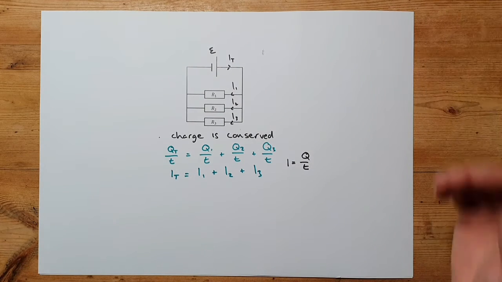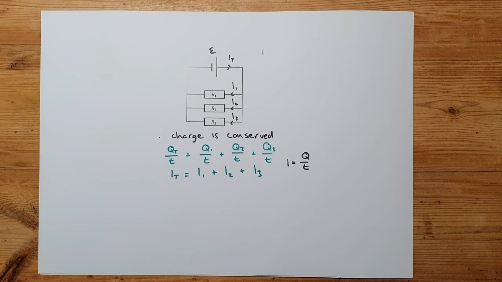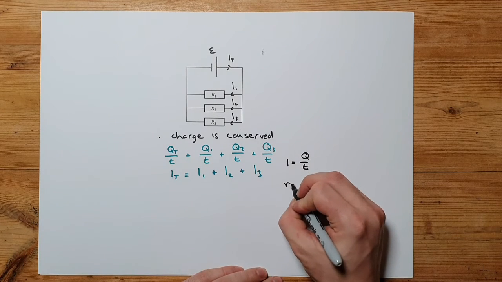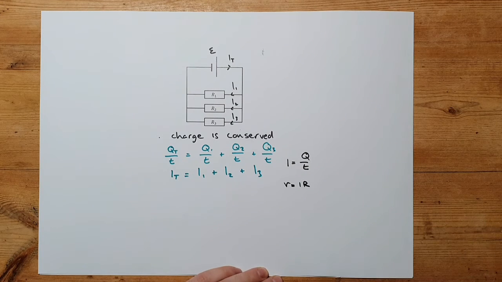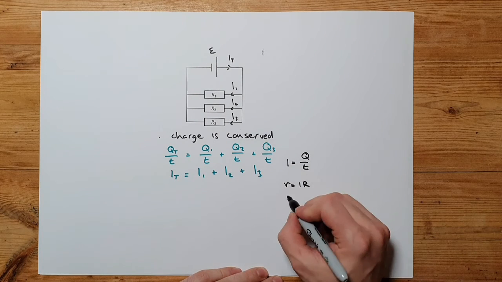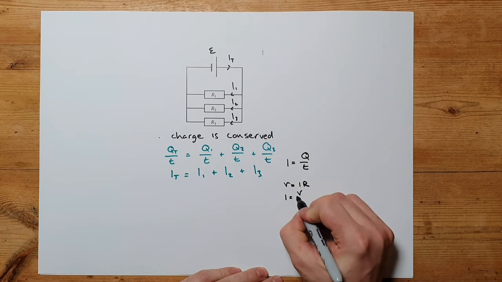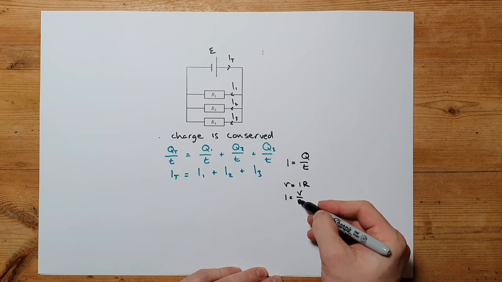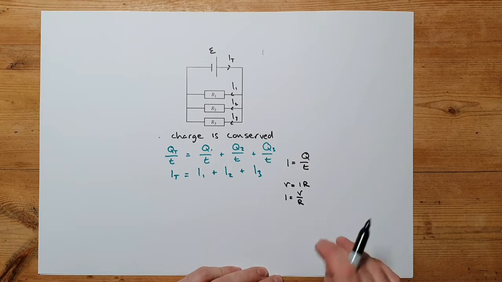Okay, now what we're going to do is substitute in another formula that we have for current, and the formula is V equals IR, also known as Ohm's law. We're going to rearrange so that I equals V over R, and then we're going to substitute into each of these terms here.